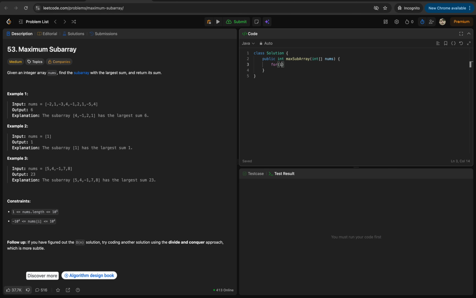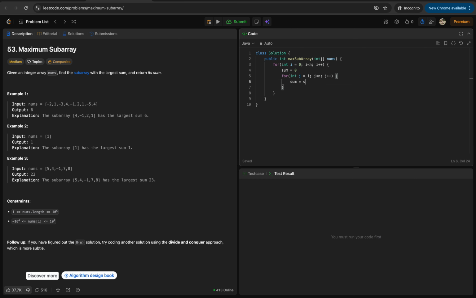The code will be like, we'll start iterating from the first index. So i will represent the starting index of the subarray, and j will represent the end index of the subarray. j will start from i to n, j plus plus, for iterating over the subarray. We'll find the sum, and initially sum will be 0.